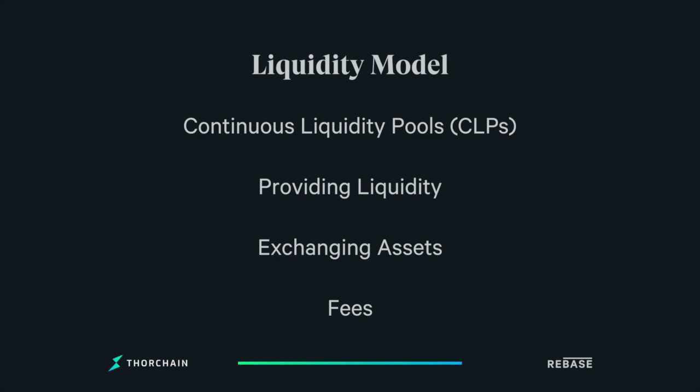This formula is based on the constant product automated market maker formula, same as you've probably seen Uniswap use, but the formula is more evolved than that, and additionally has a slip-based fee. So users are charged fees when they trade assets and when they take external assets out of the pool.